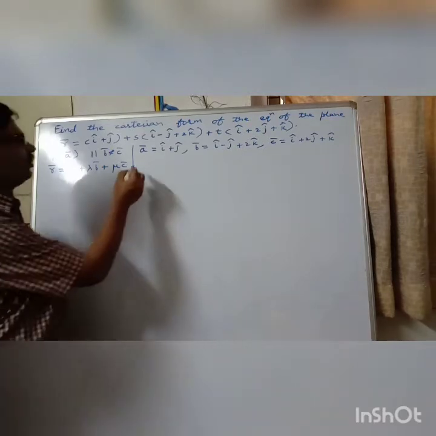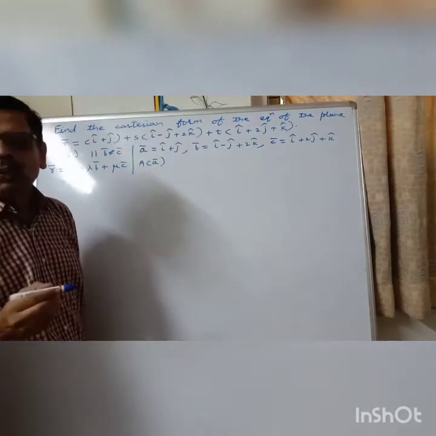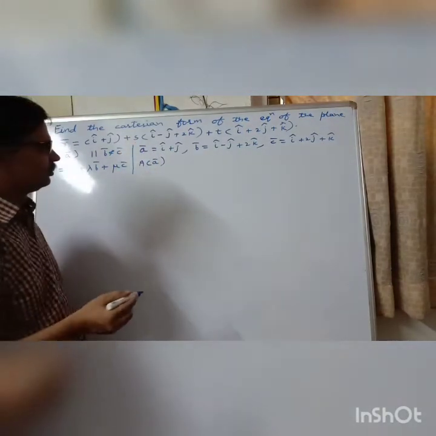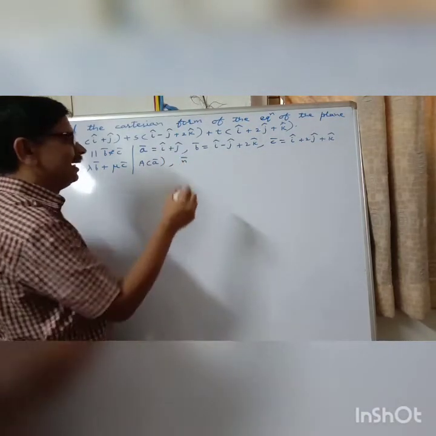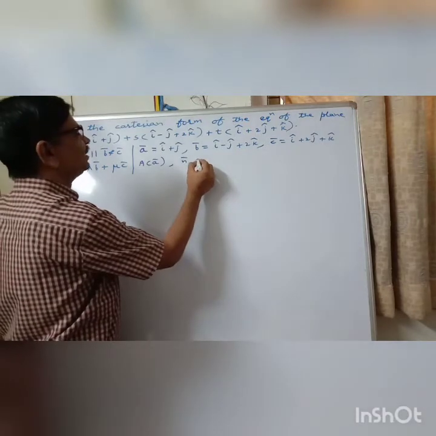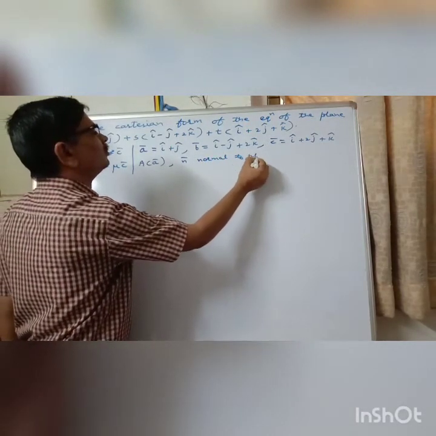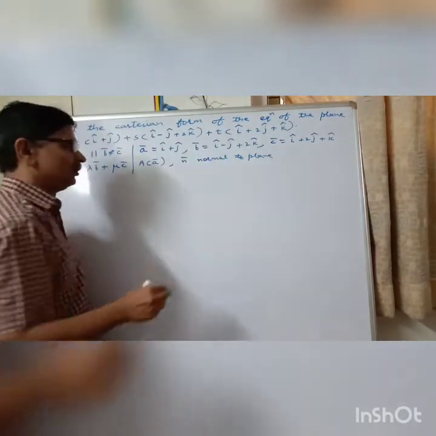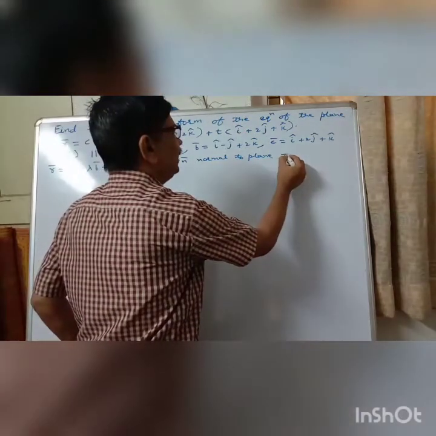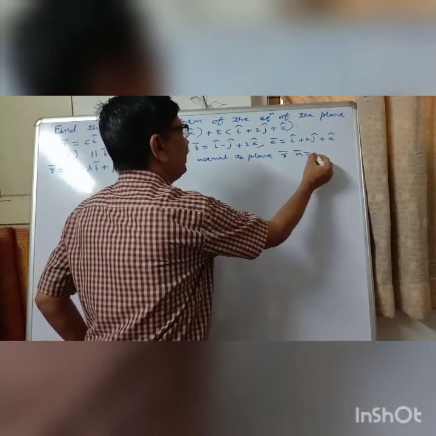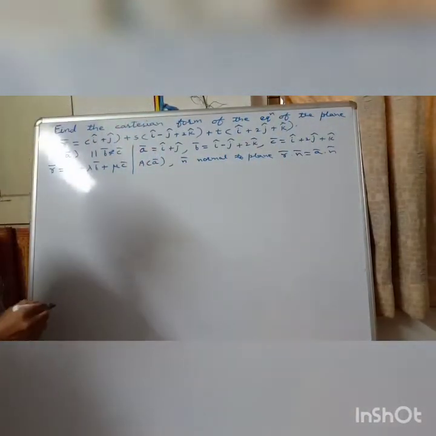If A is point in the plane with position vector A bar and n bar is a vector which is normal to the plane, then equation of plane is r bar dot n bar equal to A bar dot n bar.